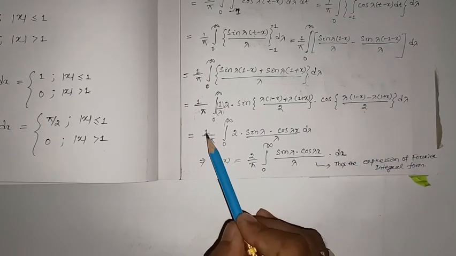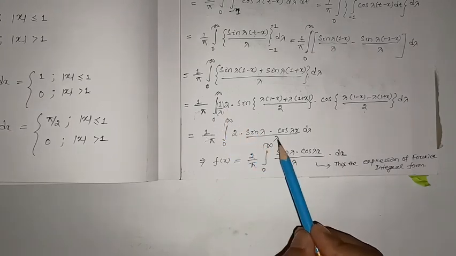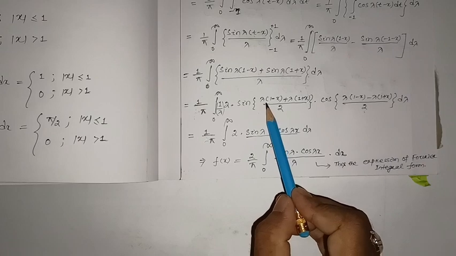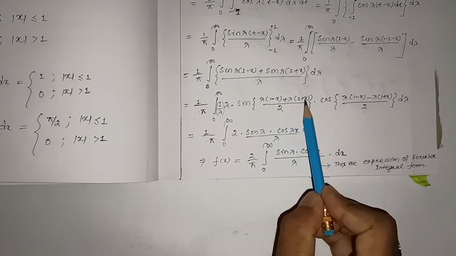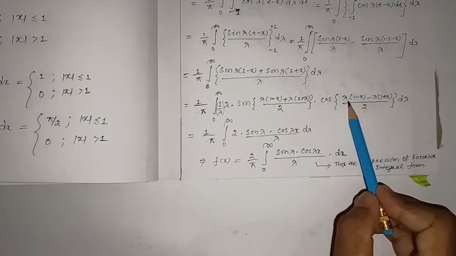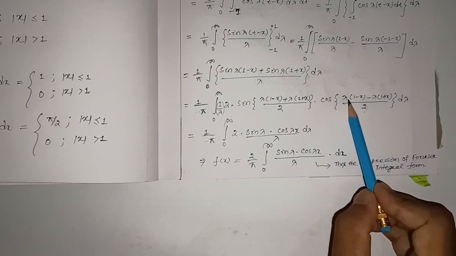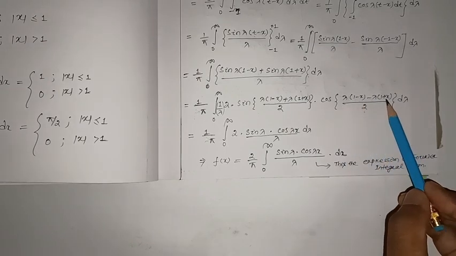d lambda. 1 by pi, 0 to infinity, 2 lambda is there. So here you can see this is lambda minus lambda x, lambda plus lambda x; it got cancelled, 2 lambda by 2 is lambda. Here you can see cos of lambda minus lambda x minus lambda, again minus lambda x.